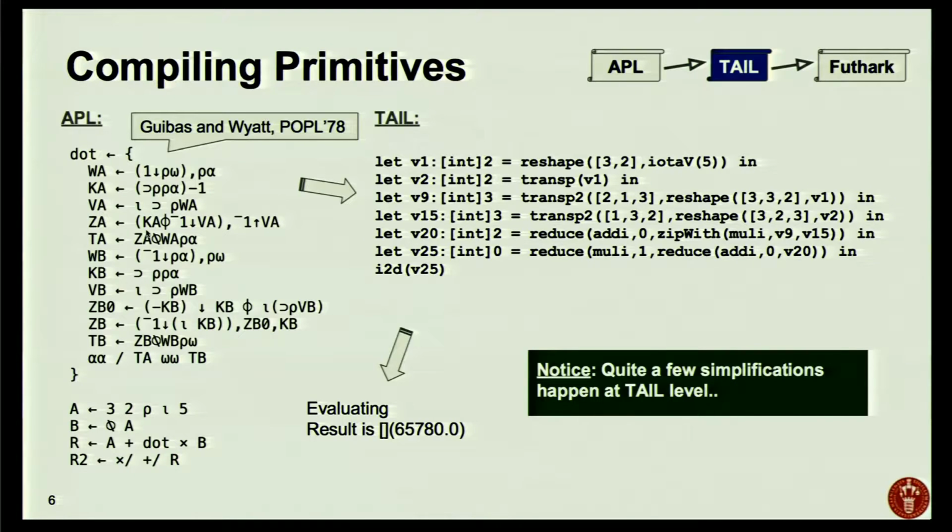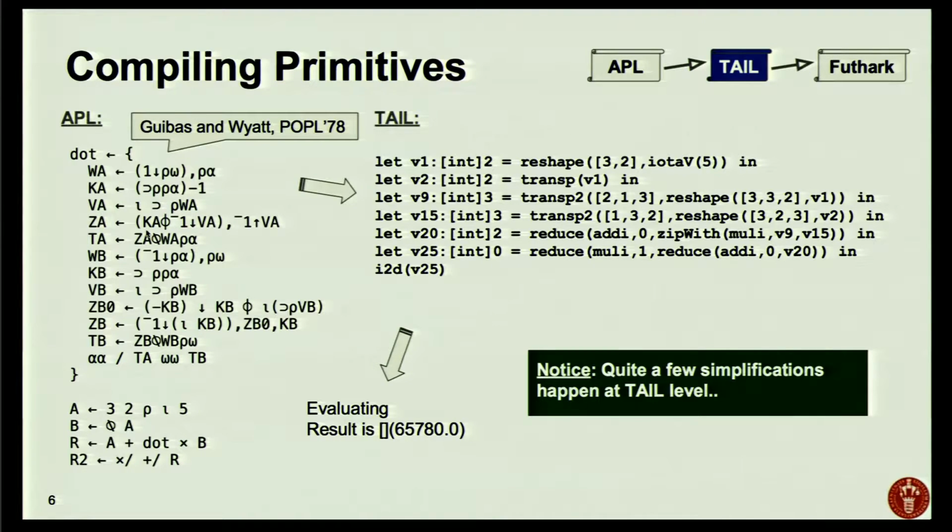Then the TAIL language is expressive enough to capture some of the multi-dimensional array operations, and that was quite important for us, so that we don't have to deal with all kinds of them and can compile them into something more specialized. So here's an example where we use the Guibas and Wyatt encoding of the dot operator, which I've written up here as an operator dot.